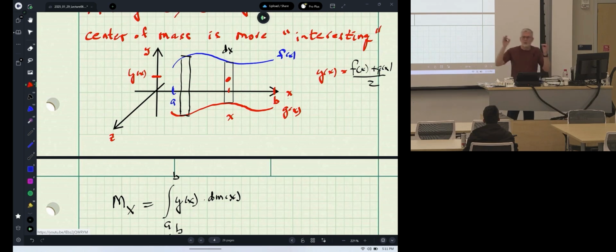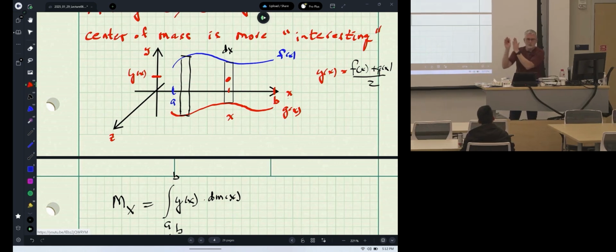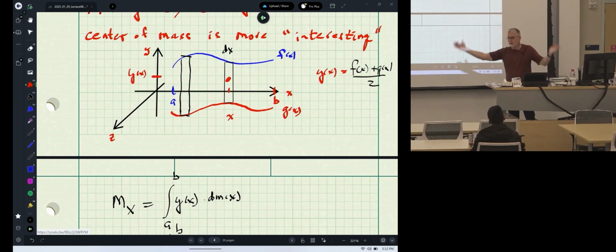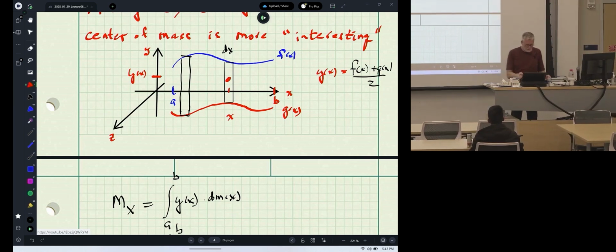Calculus is not designed to drive undergraduates crazy. It's not designed to drive faculty crazy correcting exams where undergraduates make sign errors and all this kind of stuff. Calculus is designed to take physical principles, understand them on small portions of an object, and then extend that knowledge to the whole thing.